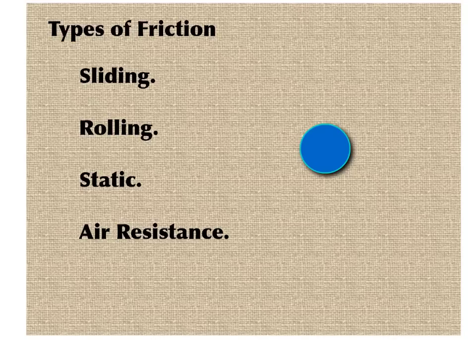Like trying to push a table across carpet or an air hockey puck across a burlap sack. And then finally we have air resistance, which is just the wind blowing, or when you're falling, the air resistance causes your hair to blow. These are all forces that work against the primary force that's pulling or pushing you.